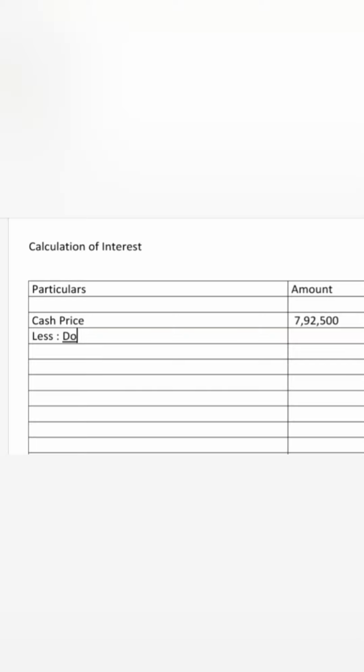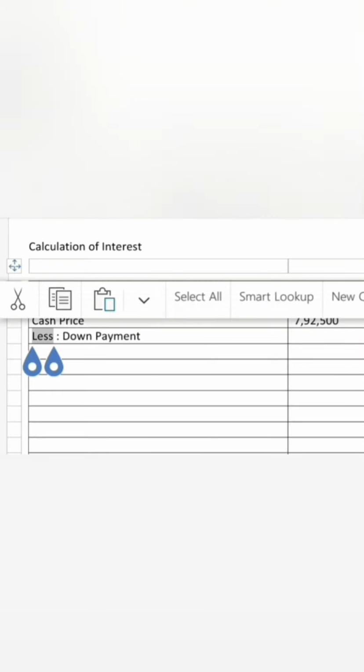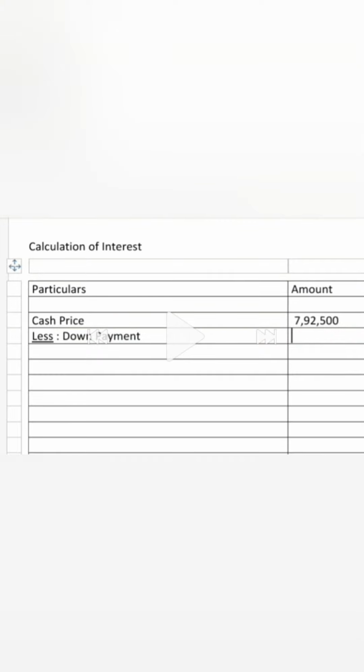Cash price 7,92,500 we are starting with. From this we have to subtract all the payments, right? So first payment itself is down payment. So less down payment amount was given in the question, it was 1,58,500. By subtracting, the balance amount which is to be paid by the hire purchaser will be 6,34,000.